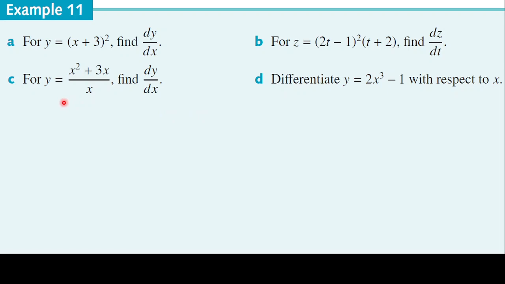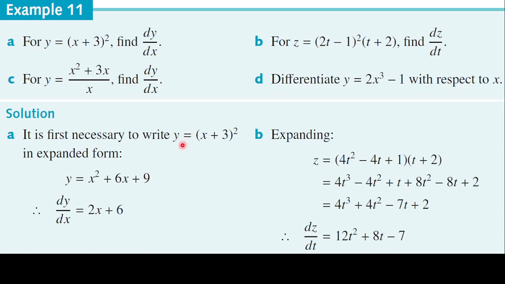Again, an extension of that, I would pause the video and attempt those questions. All right, for part A, as it is a factorized form, the best approach at the moment, you'll find a quicker way in year 12, but this year you will need to expand any factorized form.